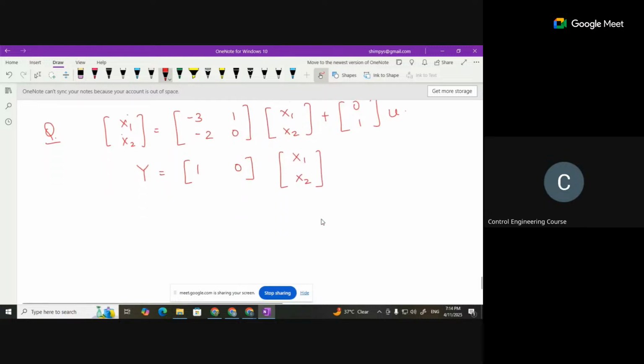The first part is you find out the transfer function of the system.